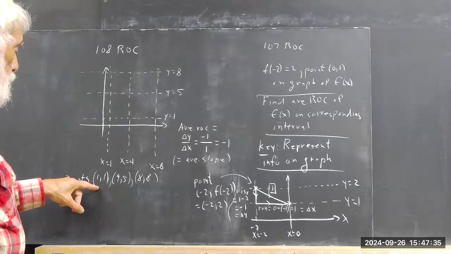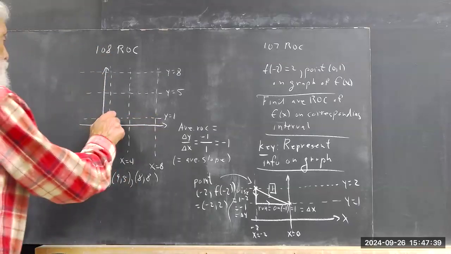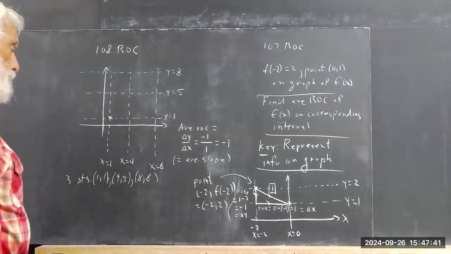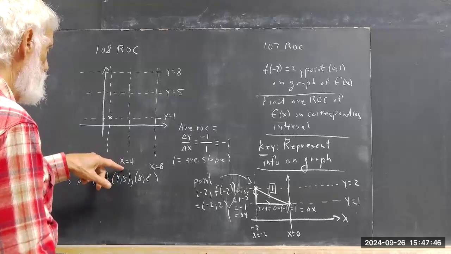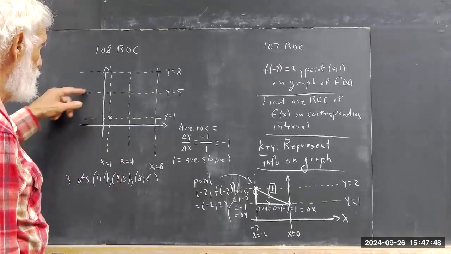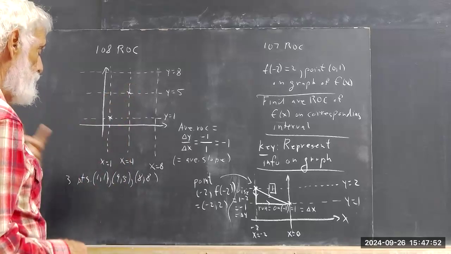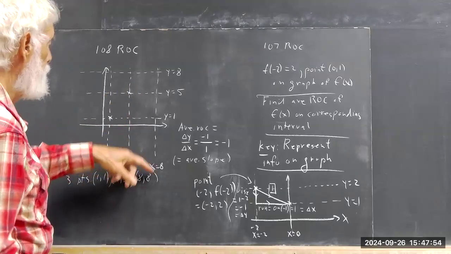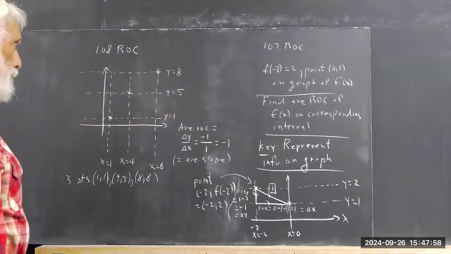We have the point (1, 1), so we need the line x equals 1 and y equals 1. The point (4, 5) needs the line x equals 4 and the line y equals 5. And then (8, 8), so we need a line for x equals 8 and y equals 8. And this is more or less the scale.